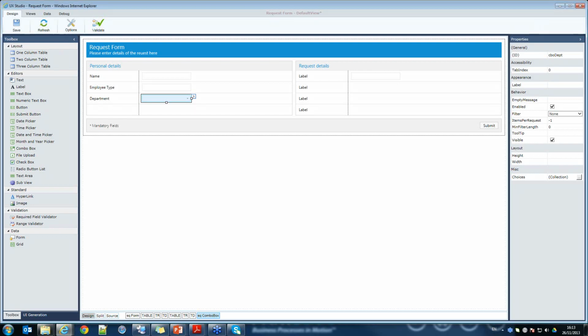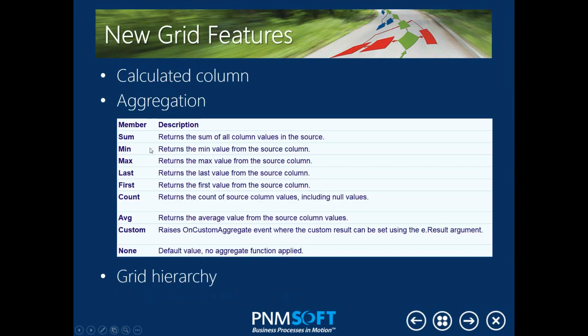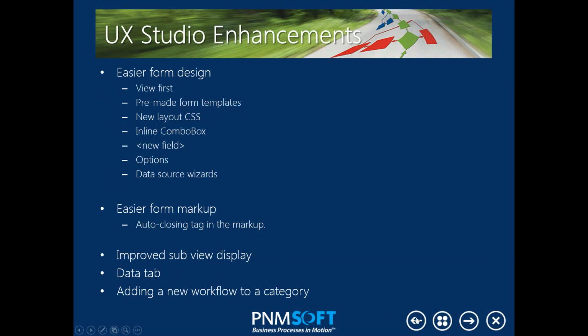Okay, so let's continue to what else is new here. Remember when we saw the, oh sorry, let's go back. So we already covered the view first option. We covered the pre-made form templates. We covered the new look of the form.